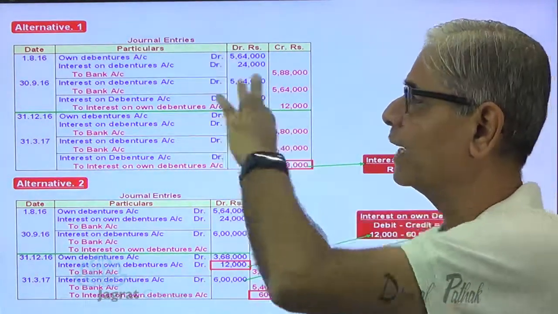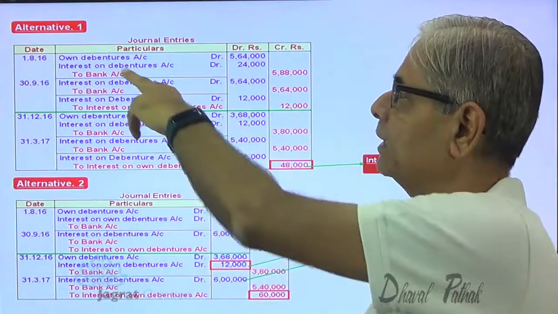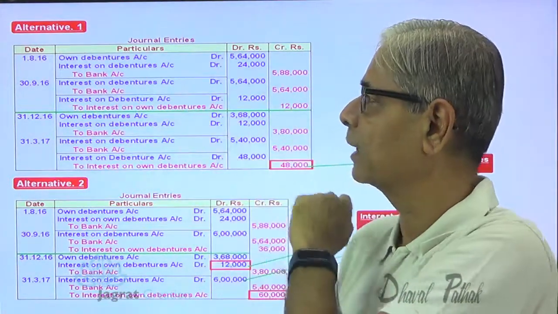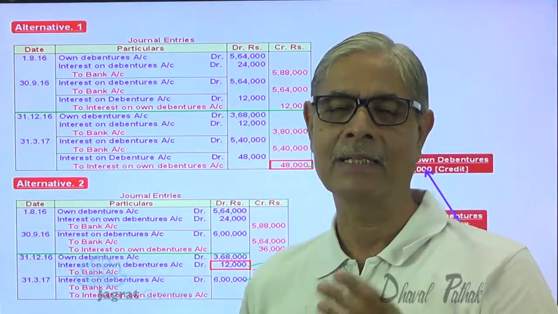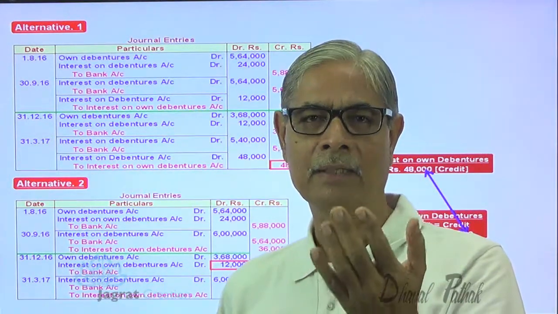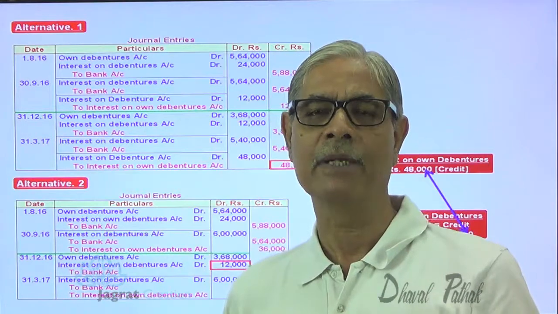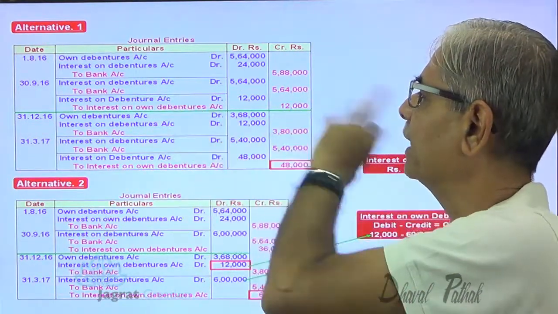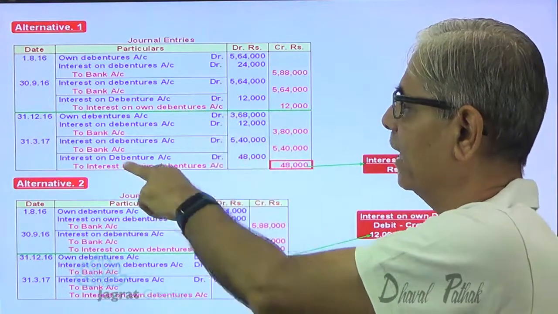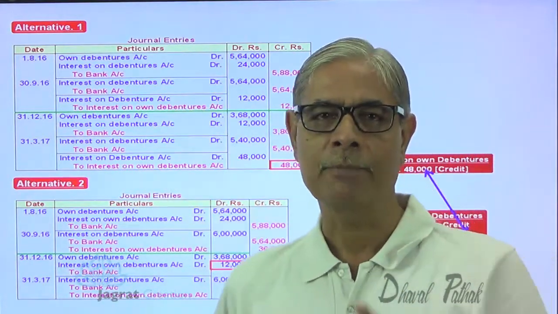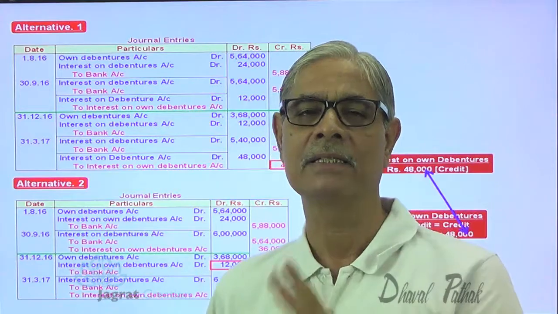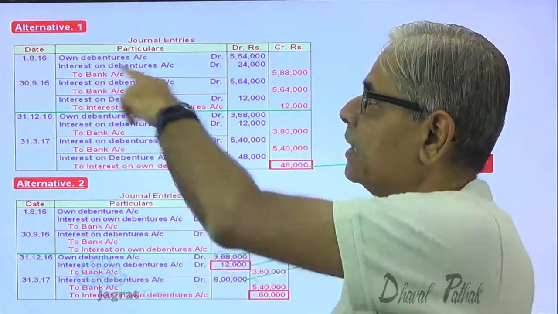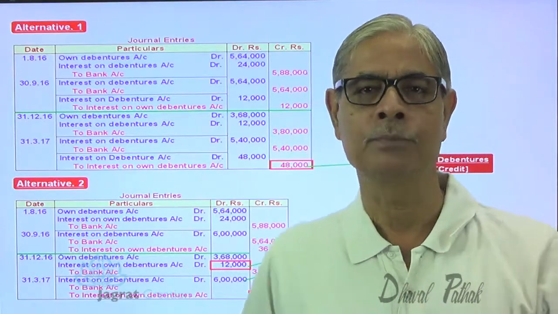But I advise you to write the entries in this fashion, because on the date of purchase the interest paid is debited to interest on debentures account, and no entry is to be recorded on the interest date when the interest becomes receivable from the company itself on investment in own debentures. So you can enter this third entry, and this last entry you can avoid if the debentures are purchased for immediate cancellation.